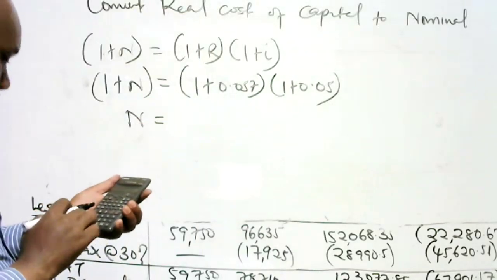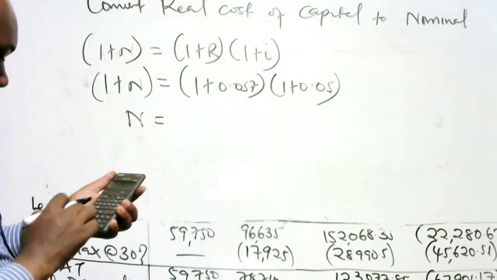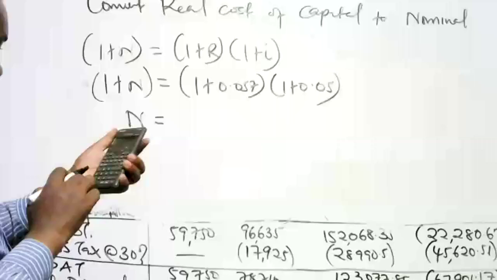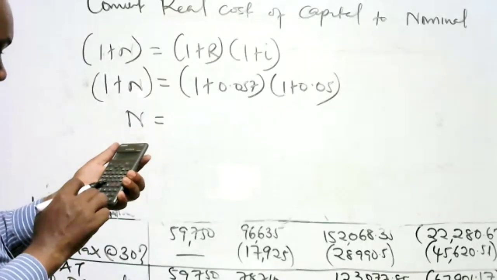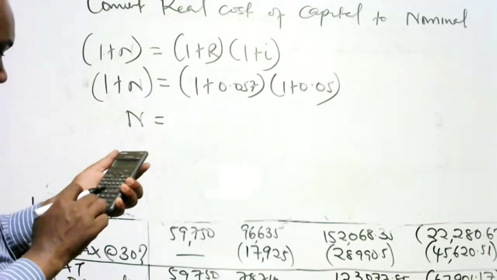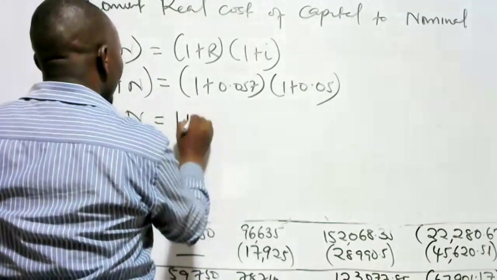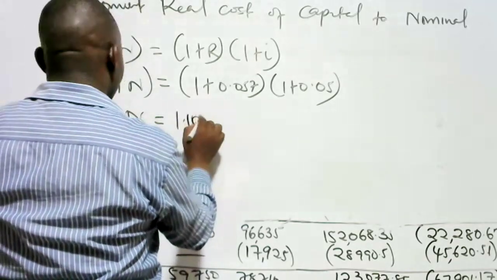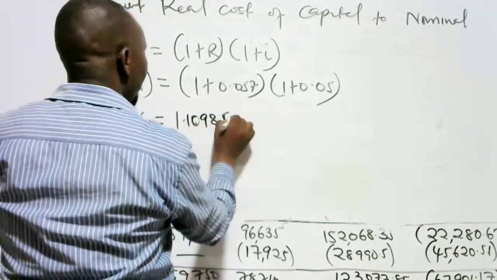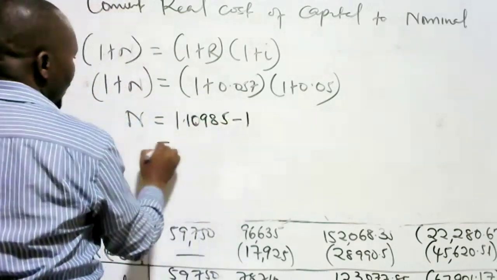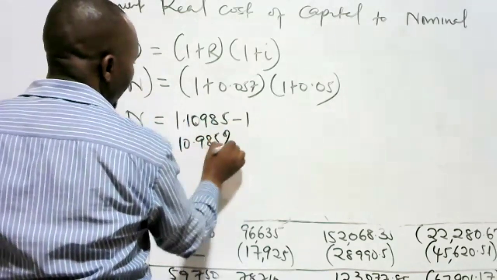So that we are having n equal to 1.057 times 1.05. So that is coming to 1.1985 minus 1. n is 10.985%.